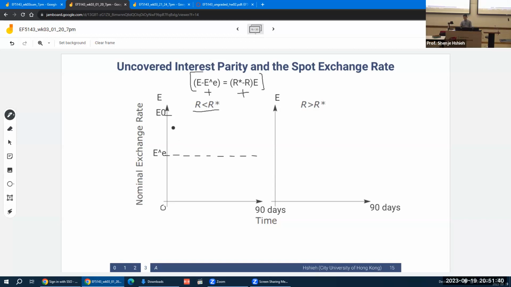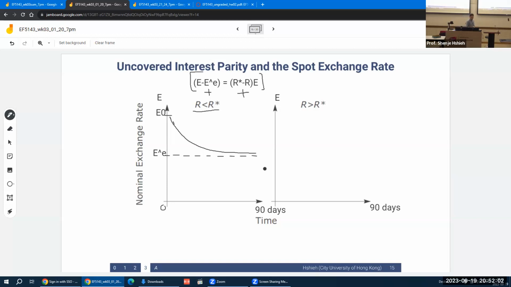Cool. Now, what does being right about our expectations mean about the future spot exchange rate? If our beliefs are accurate, that means that over time, the spot exchange rate needs to evolve in such a manner, right? Because our beliefs are correct.